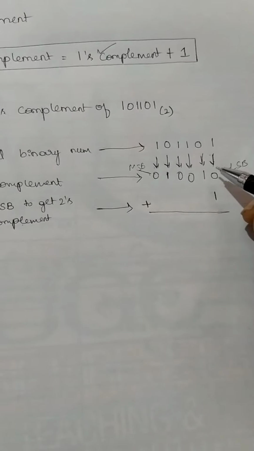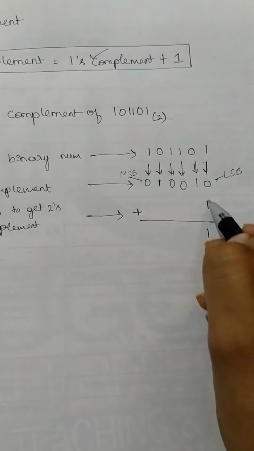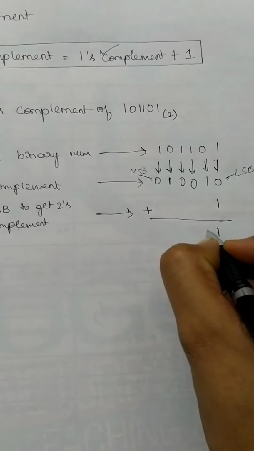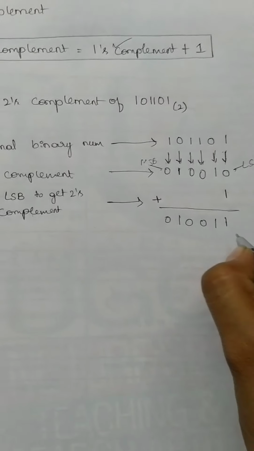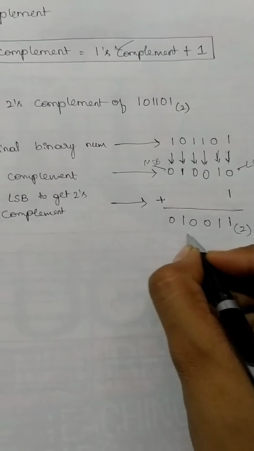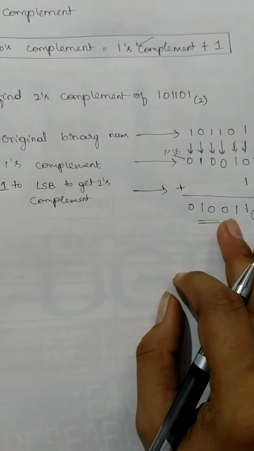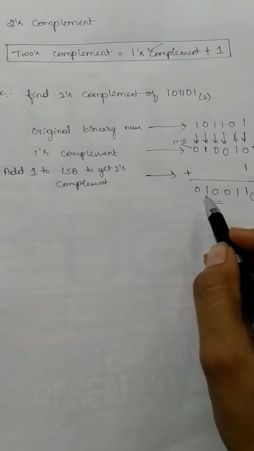Okay, so here 0 plus 1 becomes 1, then the remaining will be the same, 0 0 1 0. The given base is 2. So this is how we need to convert any given binary value into the 2's complement.